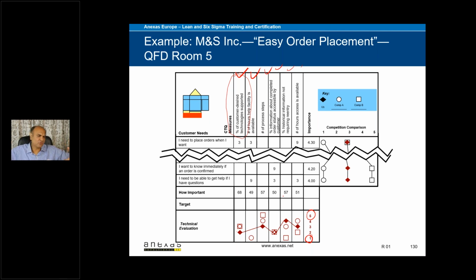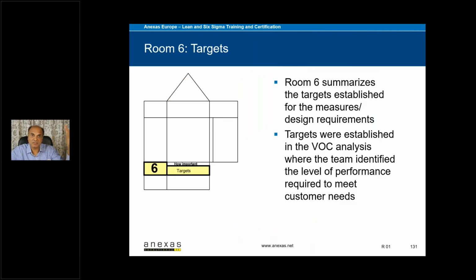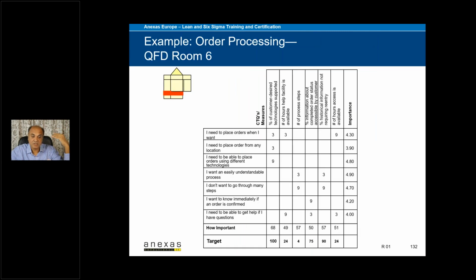You don't have to compare each and every CTQ with each and every competitor. You can't be number 1 in everything. So you decide which area you want to be number 1 in, and accordingly you'll decide your technical specifications and the targets for those specifications. This is very, very important, and I want to surpass the competitors.